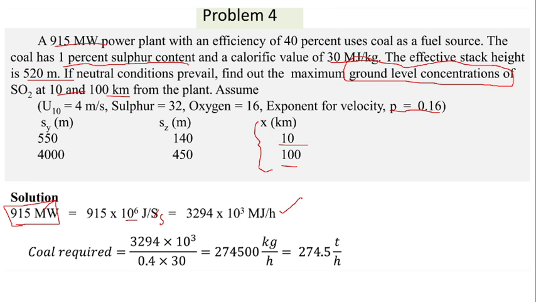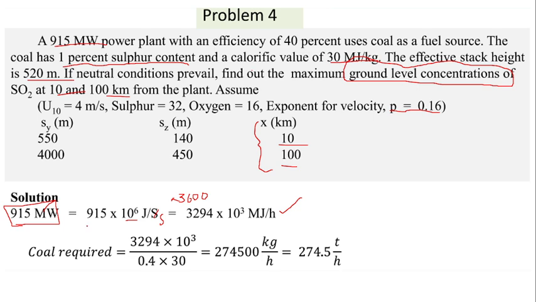We know that 1 hour is equal to 3600 seconds. So you need to multiply it into 3600. Then you will obtain 3294 into 10 power 3 megajoule per hour.